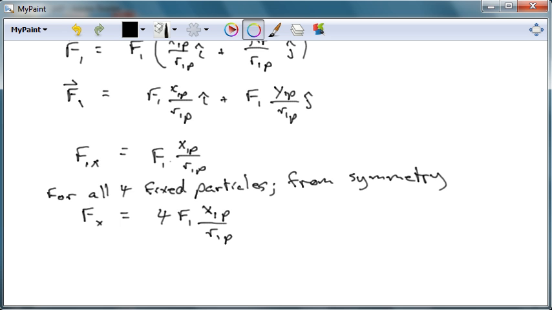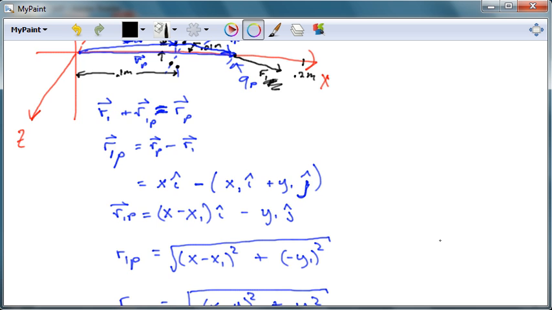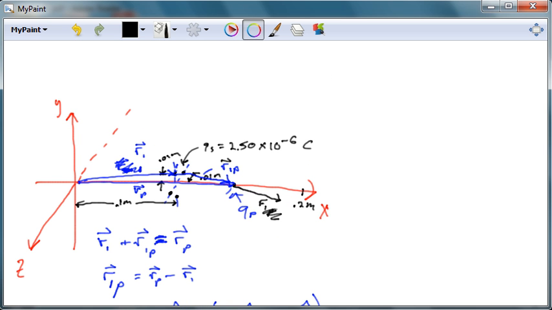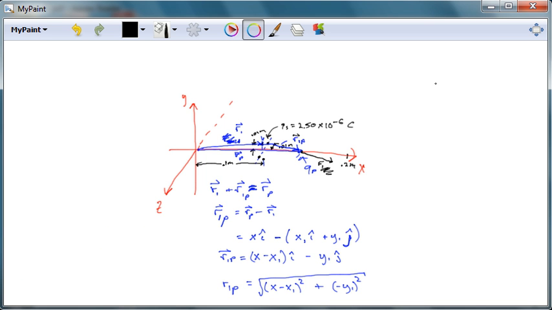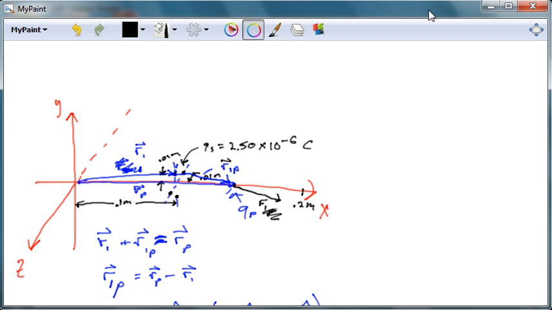So 4 times what it is due to one of them. The total x component of the force, and in fact the total force on our victim that's moving along the x-axis, is going to be 4 times the force due to any one of them. 4 times the x component of the force due to any one of them. Now, the perpendicular to x components cancel each other out.